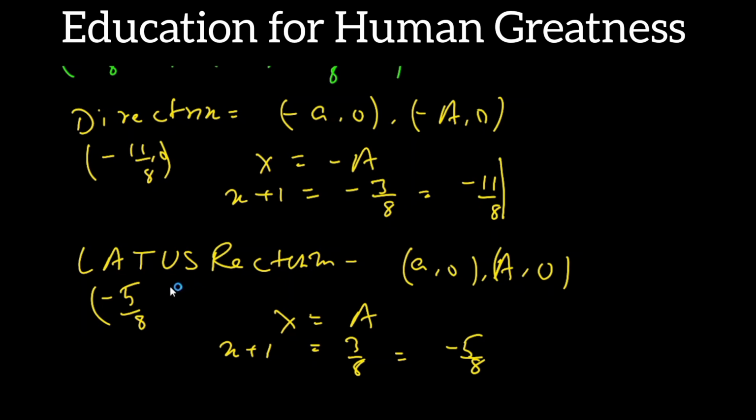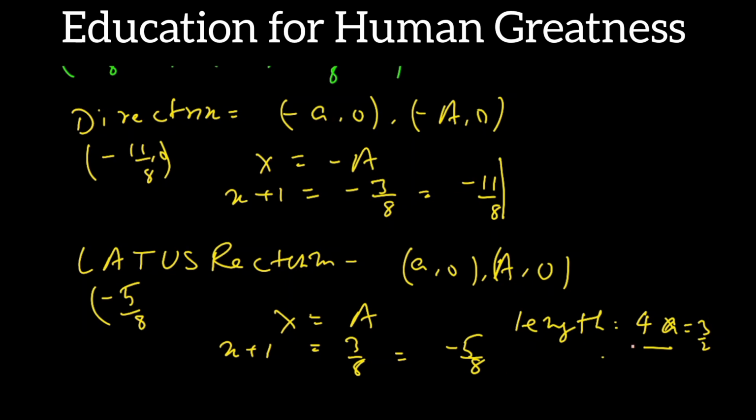What is the length of the latus rectum? To find the length, we just multiply by 4, because it's 4a. Length = 4a = 3/2.